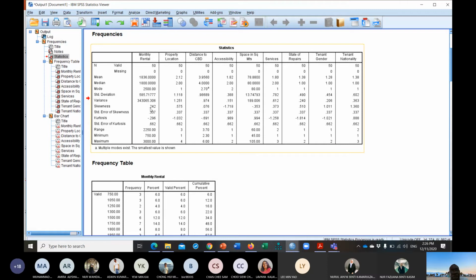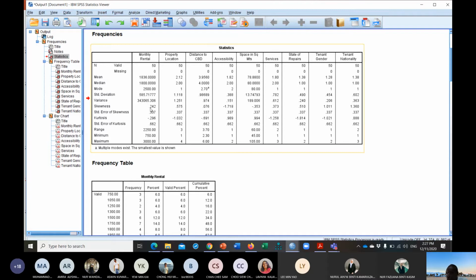If you put it between minus 1.96 to plus 1.96, you will agree with me that this value falls within the range, right? 0.242 is less than 1.96, and it is greater than minus 1.96.